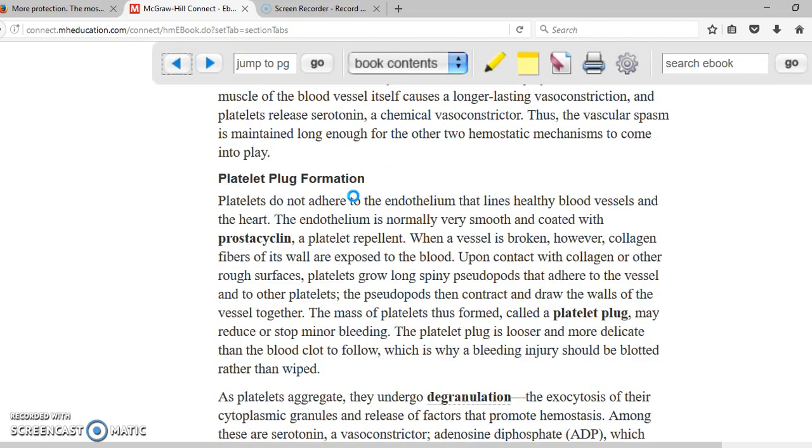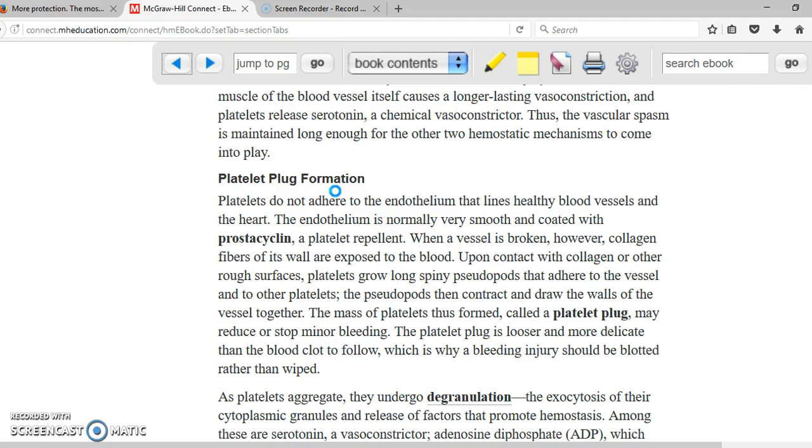Platelet plug formation. The platelet plug formation is initiated in the blood because the blood vessel is going to get damaged. When the blood vessel gets damaged, areas inside the blood vessel are going to be exposed. When they get exposed, collagen is going to get exposed.